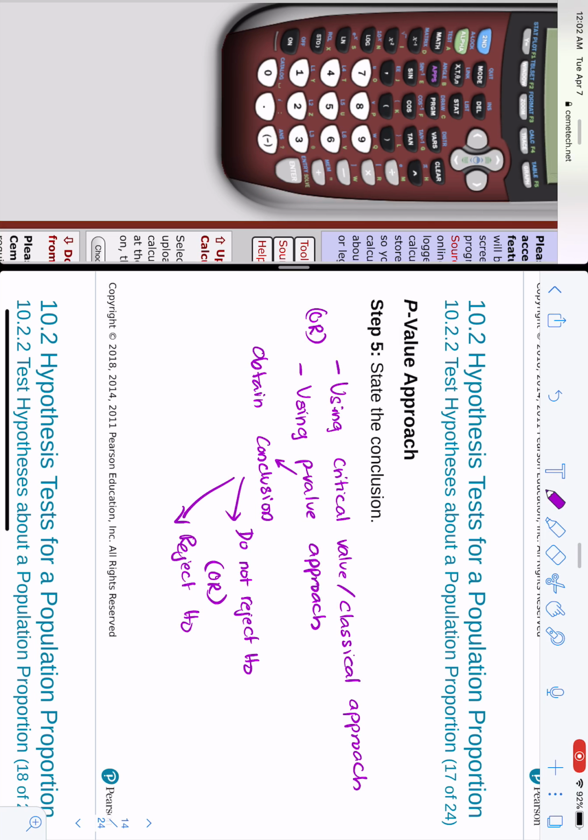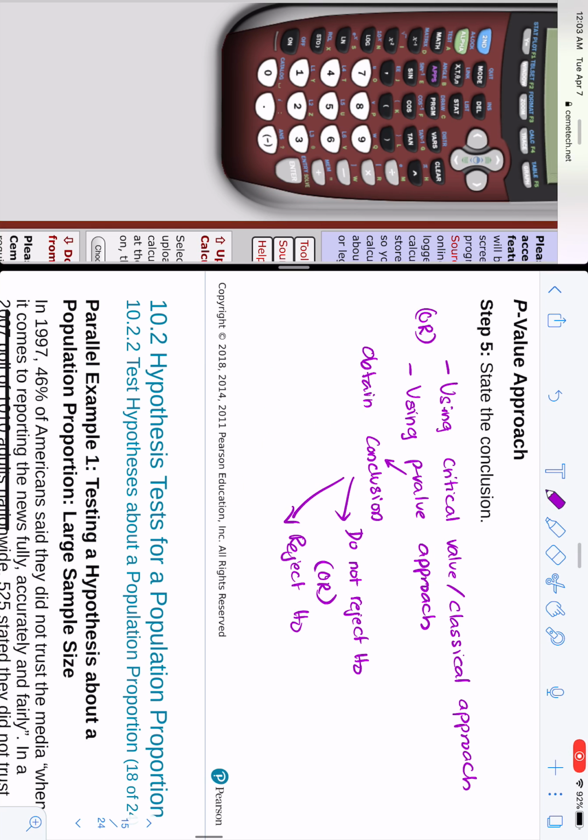So with the classical approach, if the test statistic falls in the rejection region, we would reject the null. With the p-value approach, if the p-value is less than alpha, we reject the null.